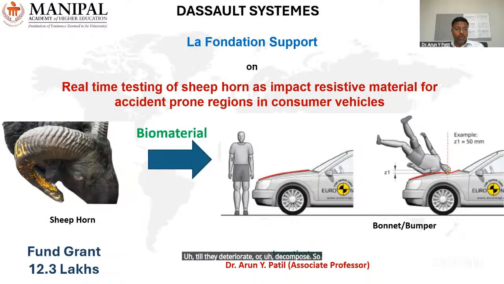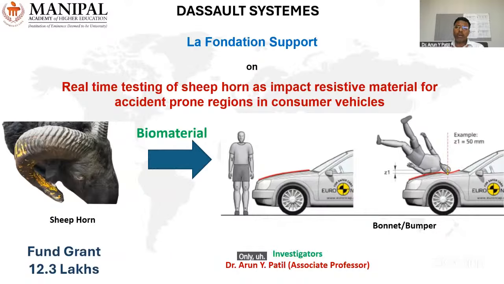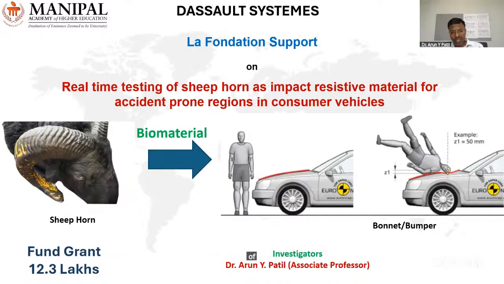So I took this as an example to understand its utilization. Till date, these horns were used only as artifacts, and that too in very minimal numbers. Other than that, there is no usage of these horns.